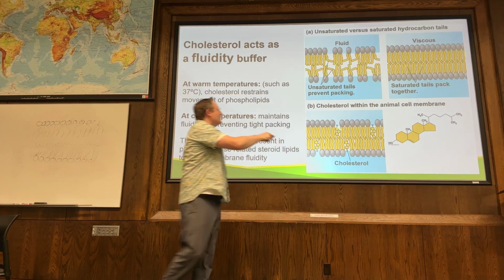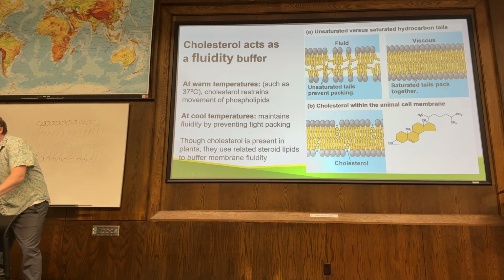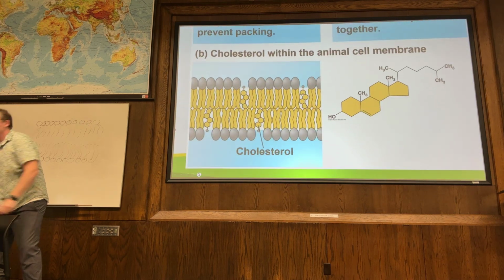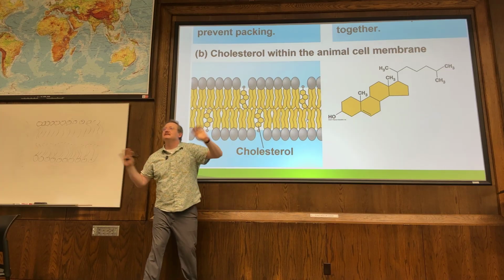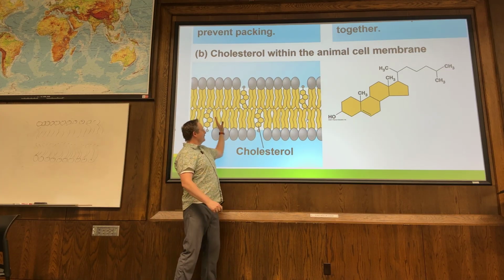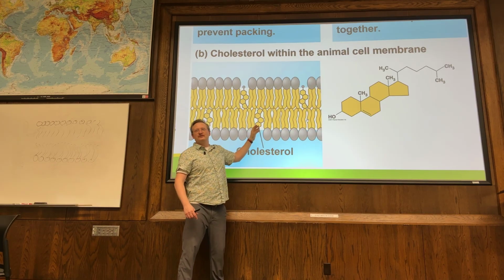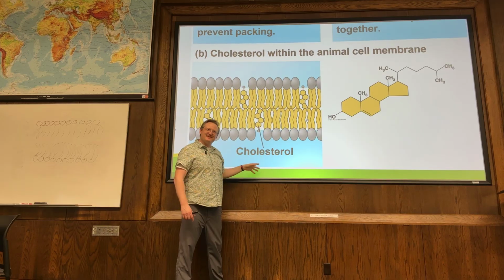Because these cholesterol molecules right here are embedded inside, and we even have the structure of cholesterol, because it's a good figure. If you blast this with too much energy and it wants to melt and fall apart, these molecules hit cholesterol and they lose that energy and it gets redistributed, okay?